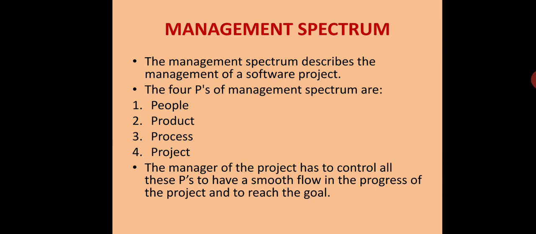Now the manager of the project has to control all these P's so that the flow in the progress of the project is very smooth and the final goal is reached. So the manager plays a very important role. The manager basically is like the superhero who does all the management work of the projects.